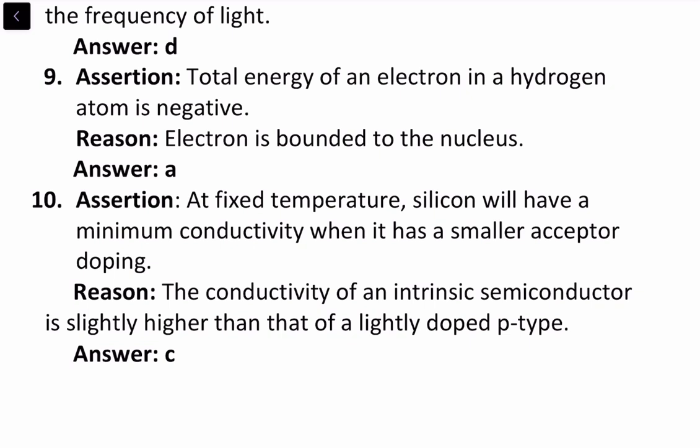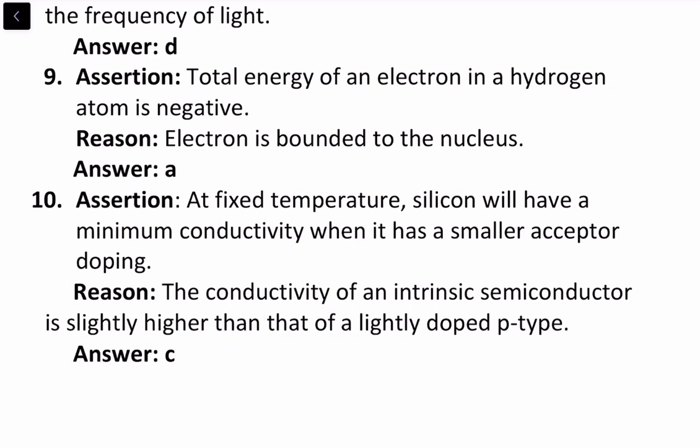When you add pentavalent impurity, it becomes an N-type semiconductor. When you add trivalent impurity, it becomes a P-type semiconductor. Now, what they are trying to tell is, at a fixed temperature, that means at one particular temperature, silicon, that is a pure form, will have a minimum conductivity when it has a smaller acceptor doping.